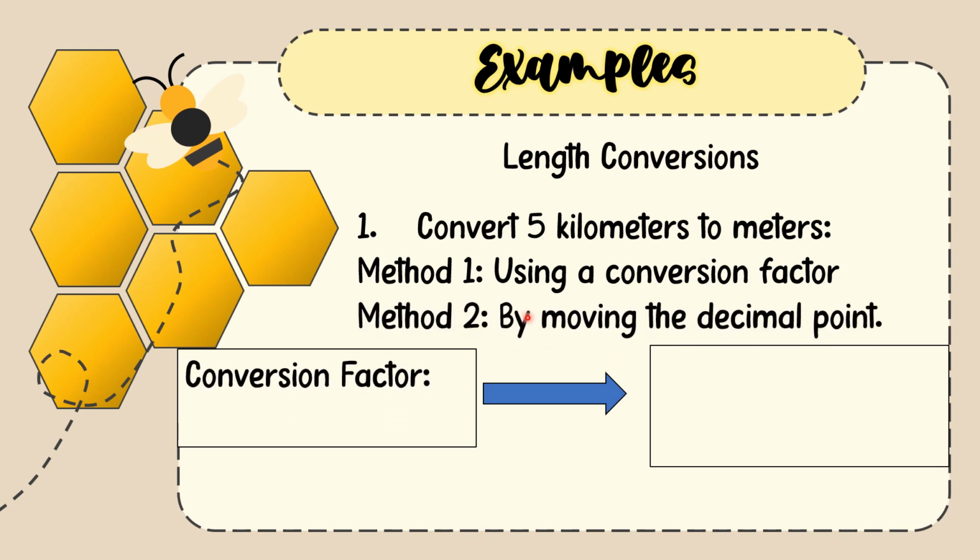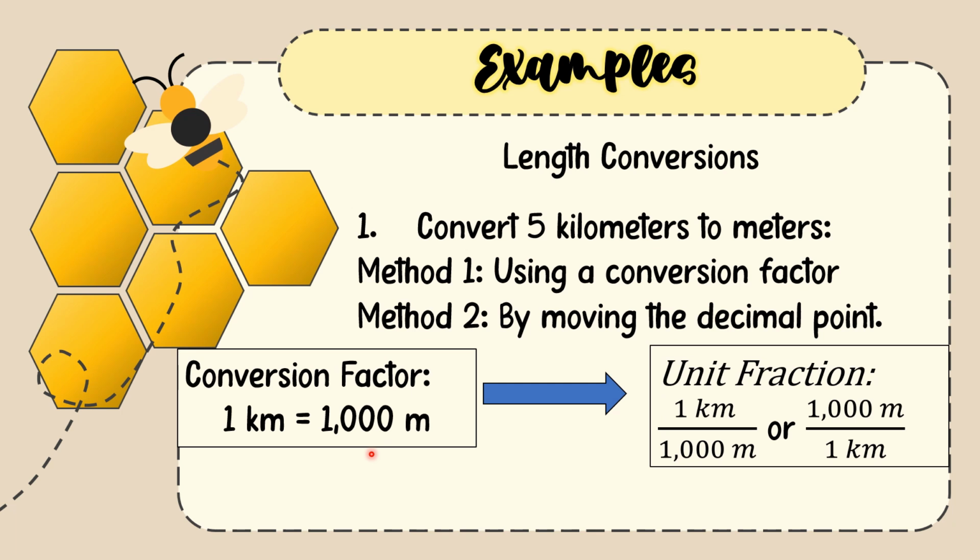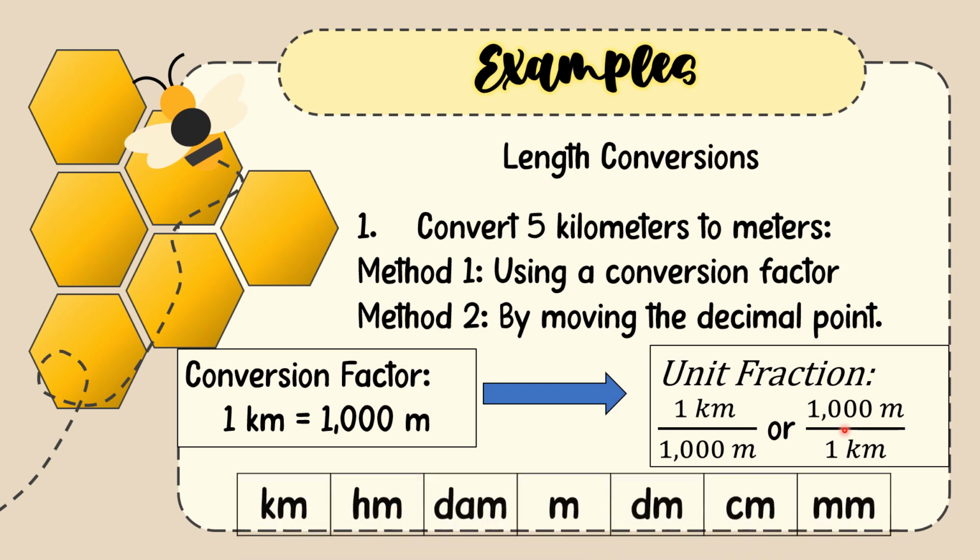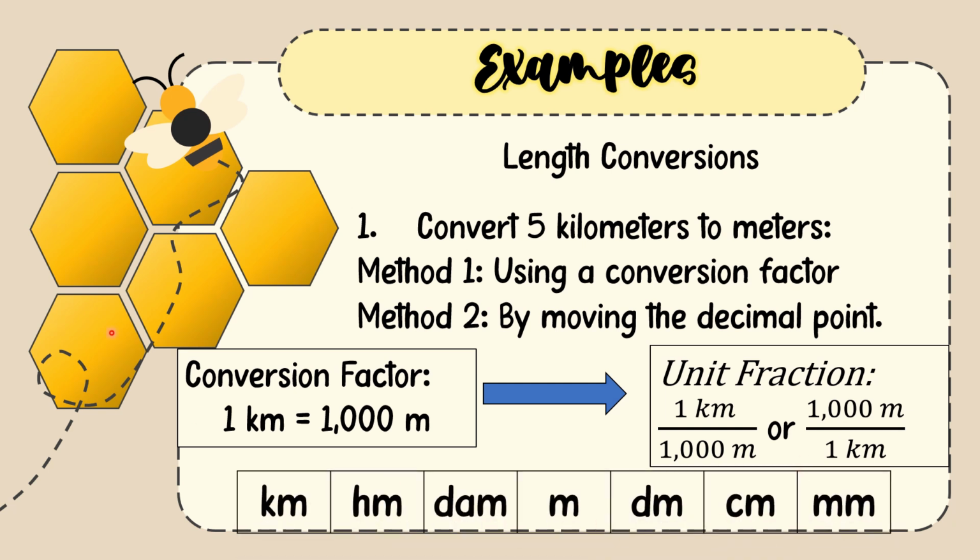For our conversion factor in method 1, we have 1 kilometer is equal to 1,000 meters. That is equal to 1 km over 1,000 m in unit fraction, or 1,000 meters over 1 km. And by moving the decimal point, we are going to use this table.